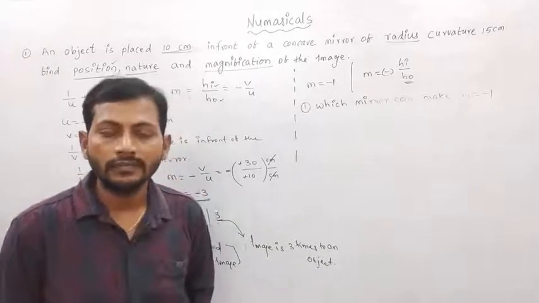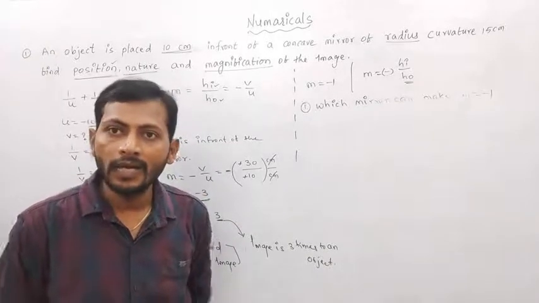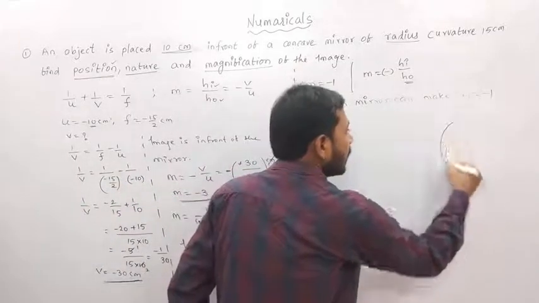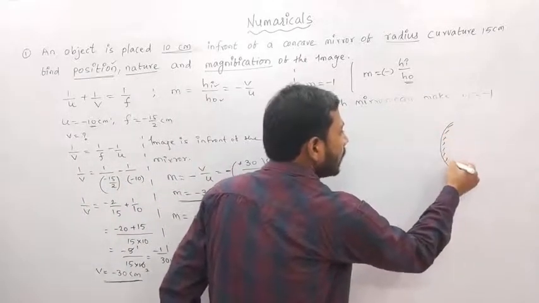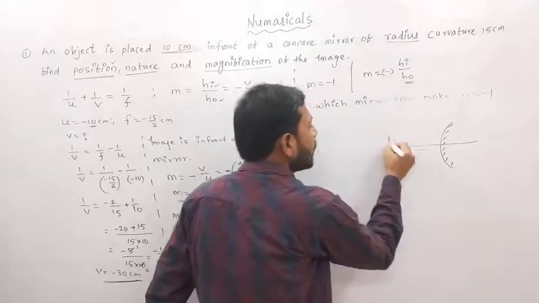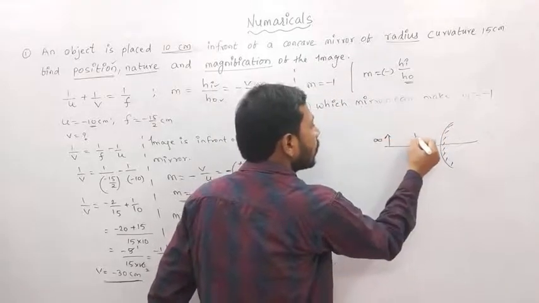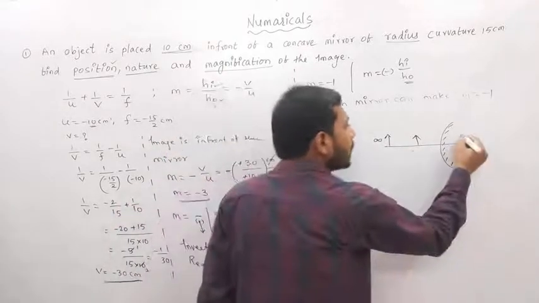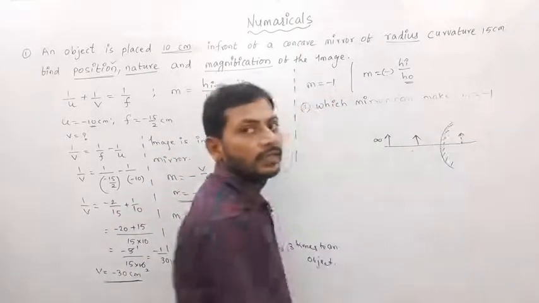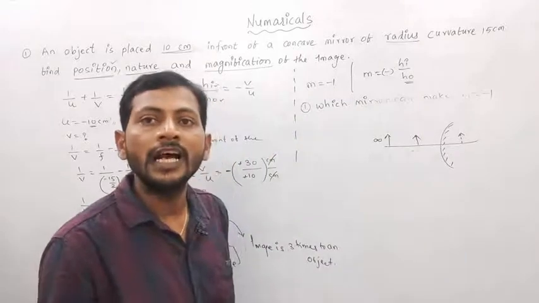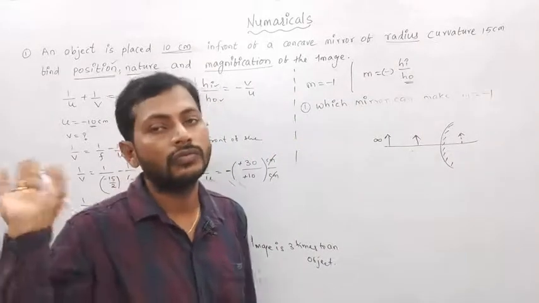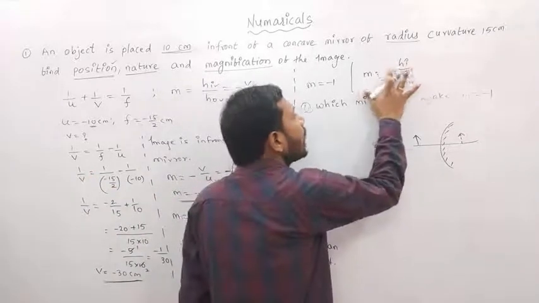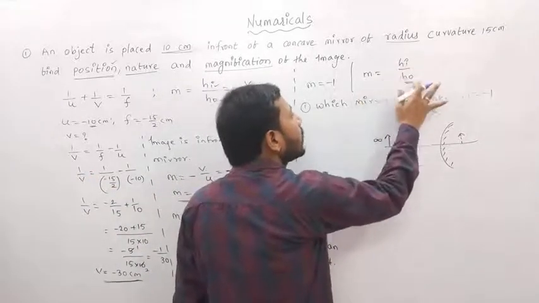Did you remember? When you take the convex mirror, if you place the object anywhere at infinity or very close to the mirror, it always makes an erect image. Erect image means the height of the image is positive. Is that clear? Now magnification is the height of the image by the height of the object.